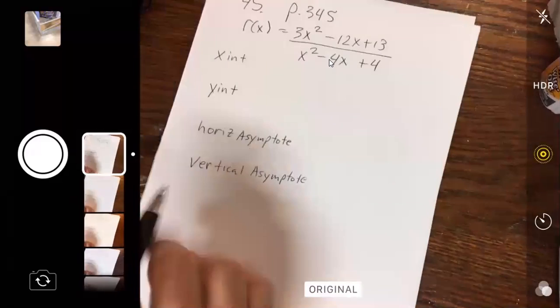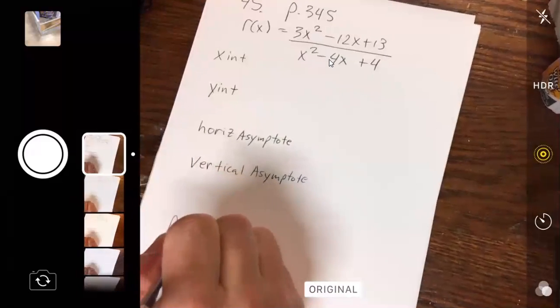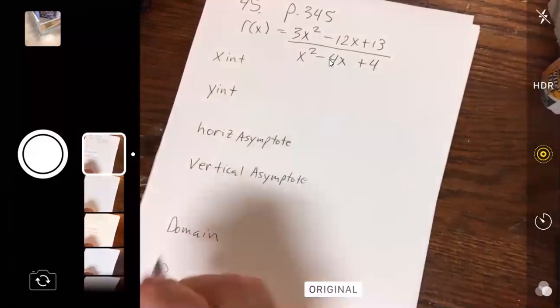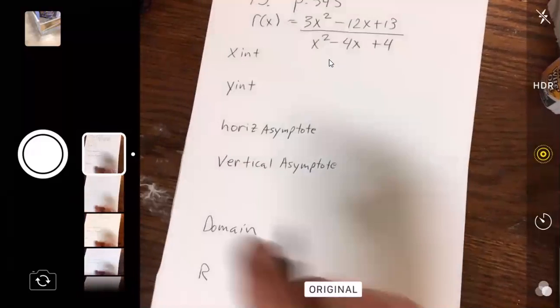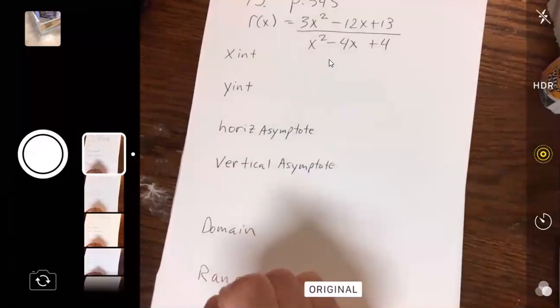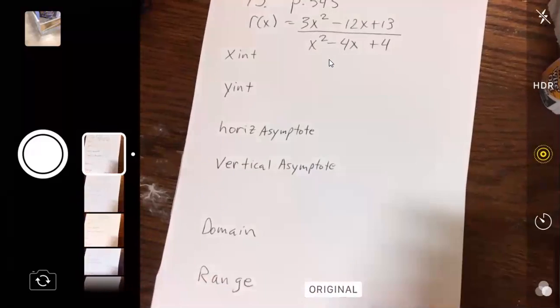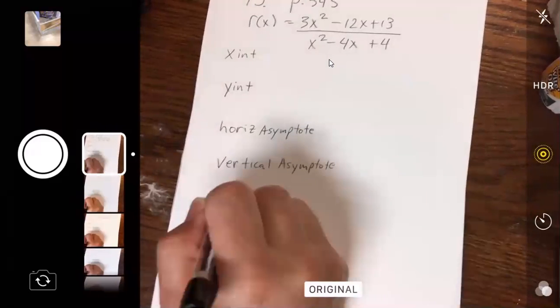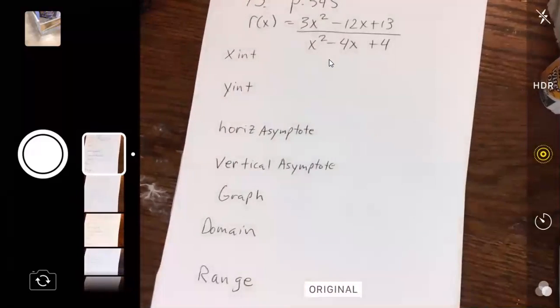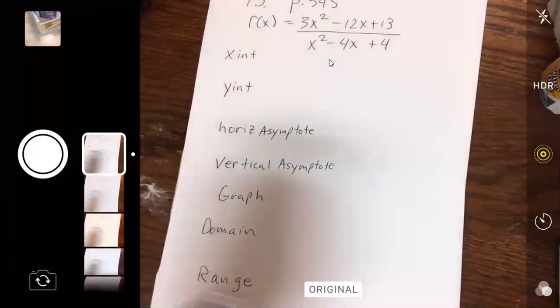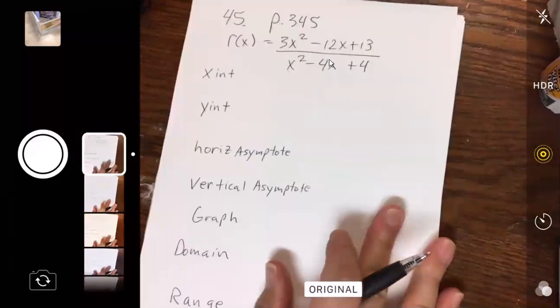And then they want domain and range. Oh, and they also want a graph in here. So why don't I just go from easiest to hardest?